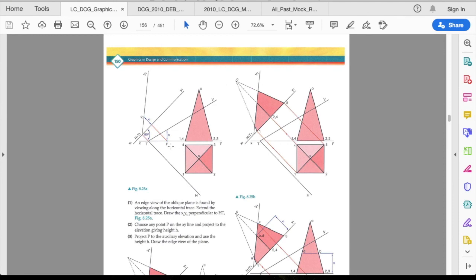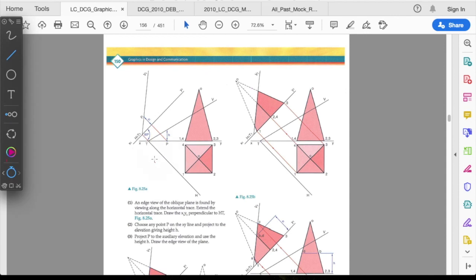Okay, so when we were looking for the true inclination of a plane, which is giving me the edge view here. Okay, what we did was we looked along the horizontal trace. Okay, so we looked for this one. We would have looked from H here. We looked up through T and then up, and that gave us the angle that we were going to project up to draw that auxiliary.